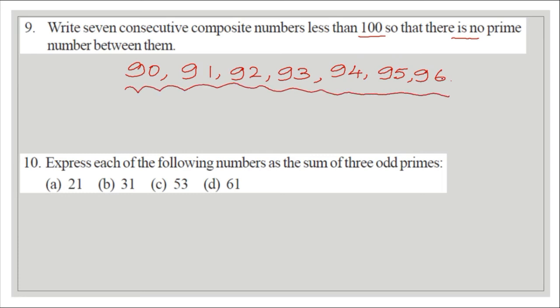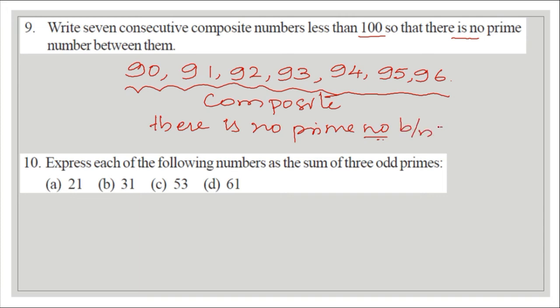They are consecutive and there is no prime number between them, and all these numbers are composite. Also means more than 2 factors exist.